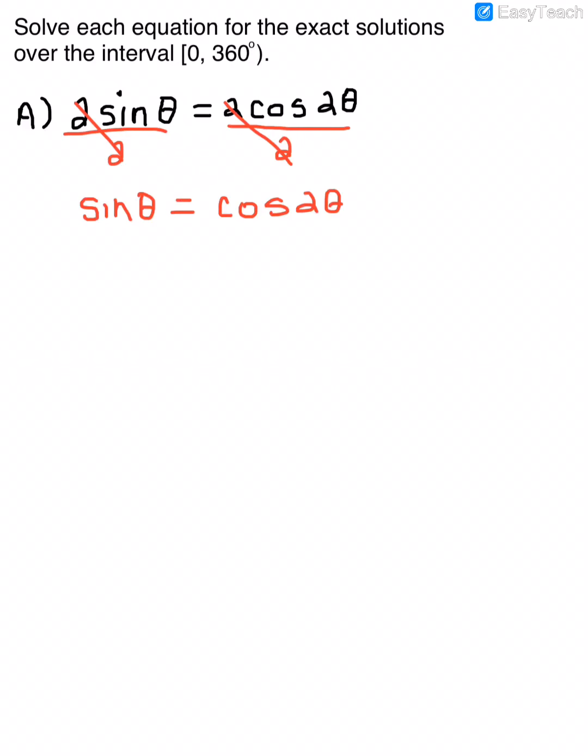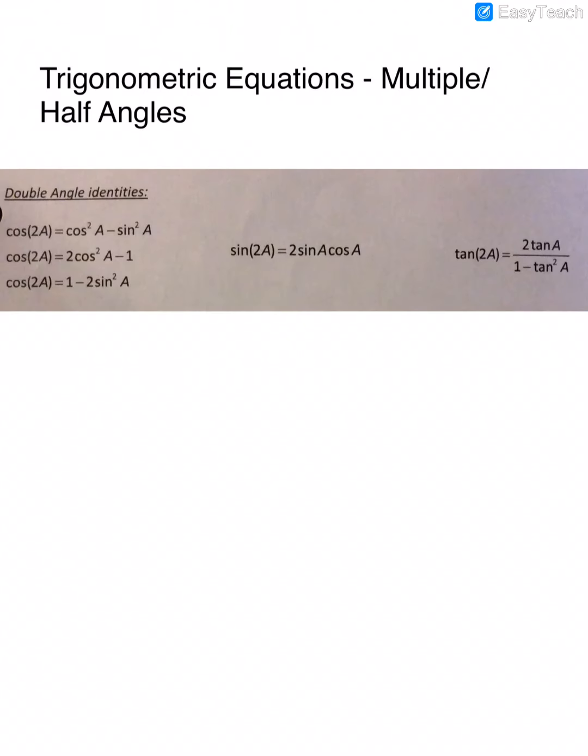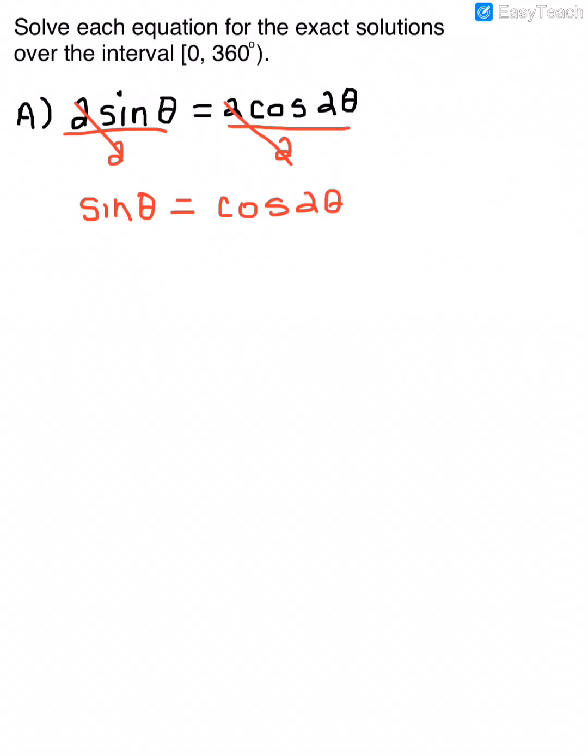So in order to deal with that side of the equation, we're going to replace it using a double angle identity. Now, our double angle identities for cosine: the first one has a cosine squared and a sine squared, and then we have 2 cosine squared of A minus 1, and then we have 1 minus 2 sine squared of A. Well, if I want to be able to solve this equation, I would change this cosine to match this other side of the equation.